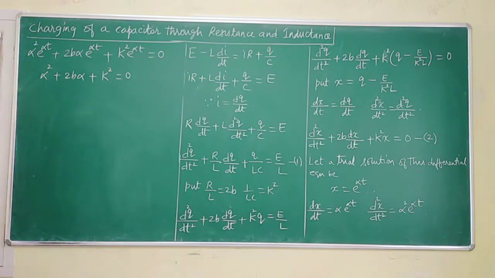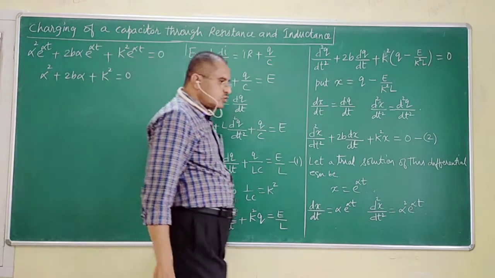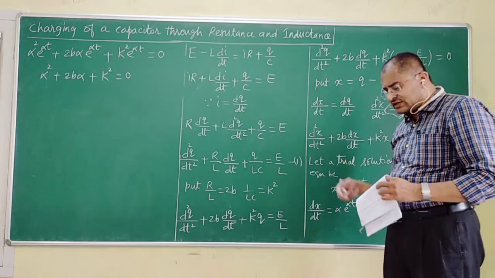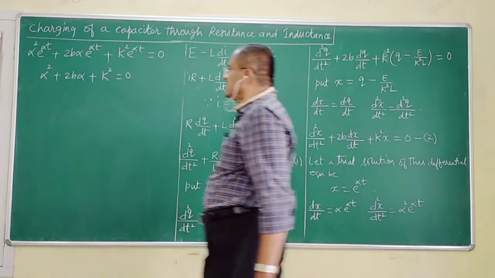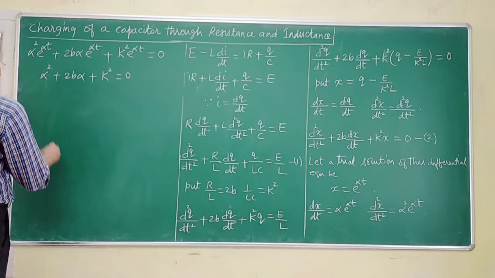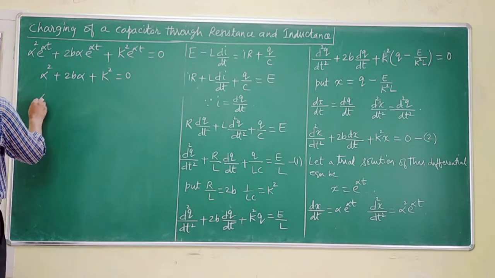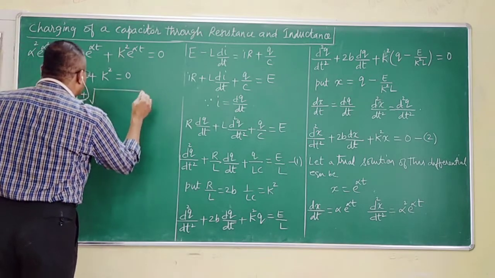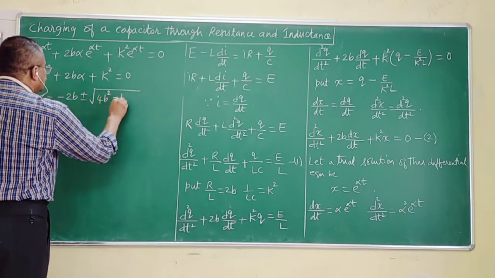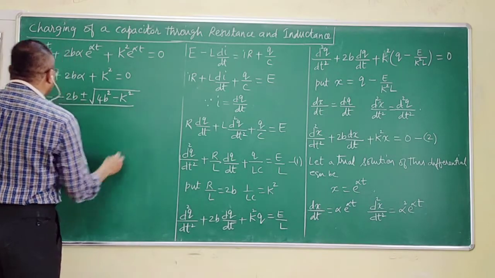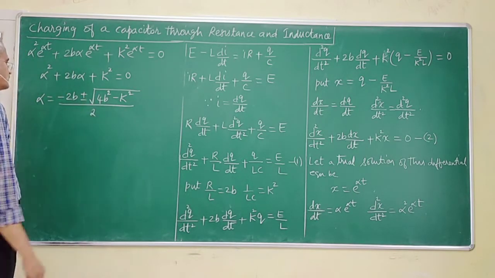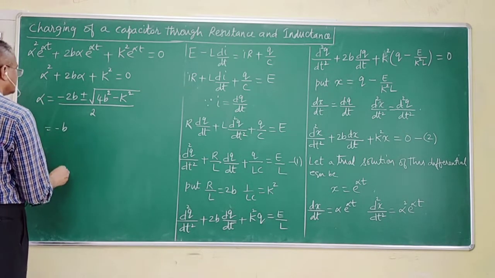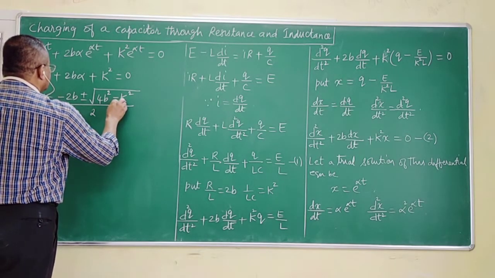And this is a quadratic equation in alpha, and therefore we can solve this to get the roots. You solve this using minus b plus or minus root of b squared minus 4ac. Alpha is equal to minus 2b plus or minus under root of 4b squared minus 4k squared, upon 2. So that will give me minus b, this will be minus 4ac.